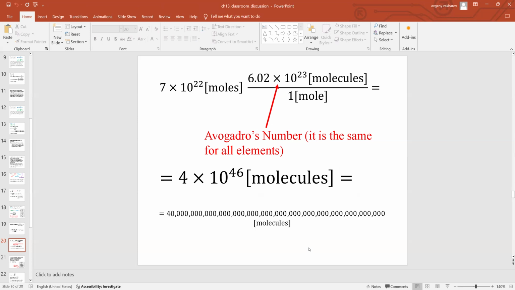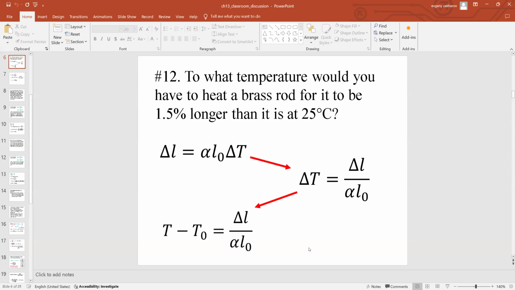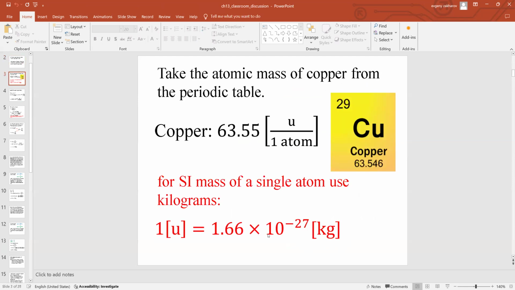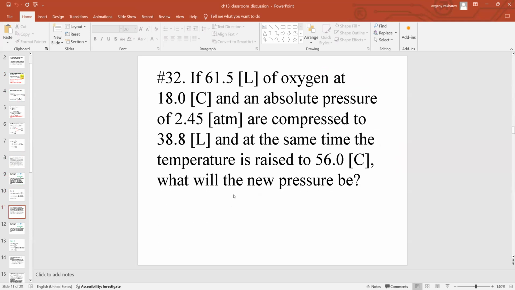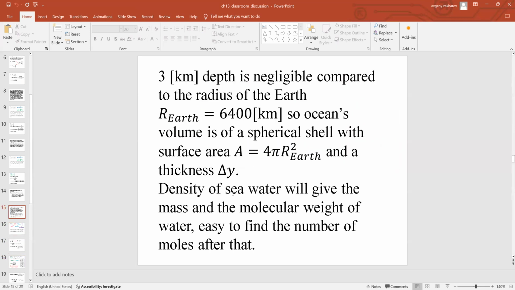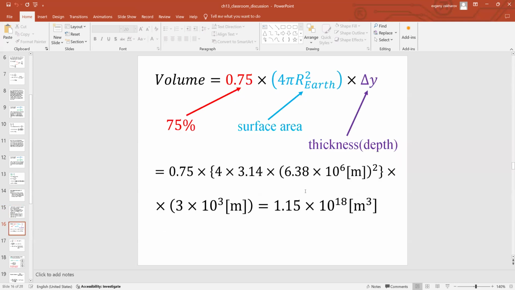So this problem, combined with previous analysis of copper, like this one, should give you an idea how chemistry is really connected to physics. The reason I'm giving you problem number 2 and problem number 40 is because I want you to see how science really connects everything.